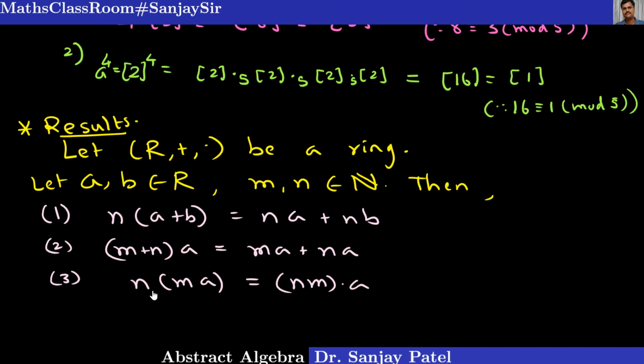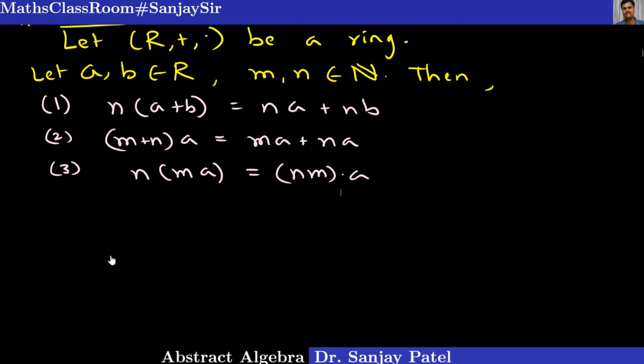From this, we can say if you put m equal to -1, well, that is not the case because I am taking m and n as positive integers. We can also define and extend this for negative integers. This is true for all integers.